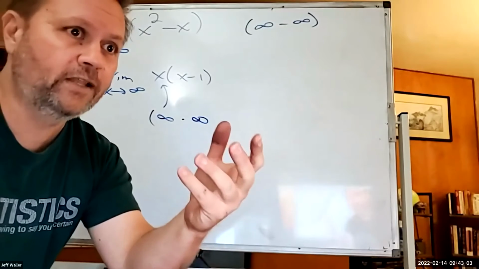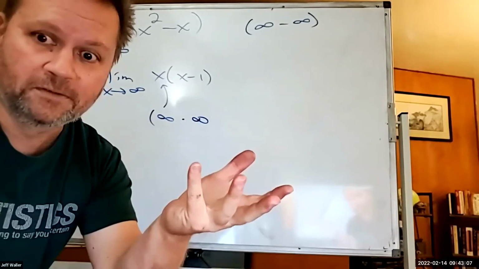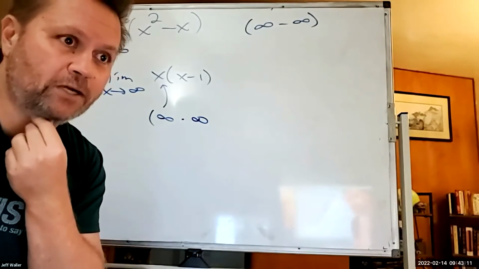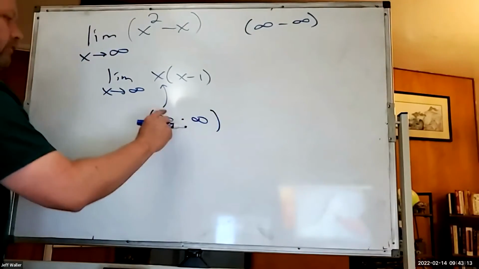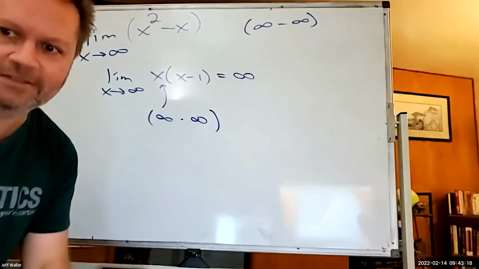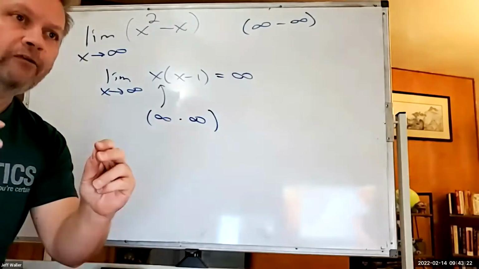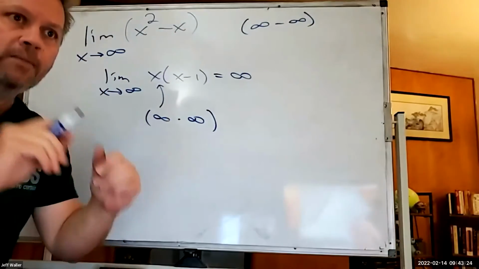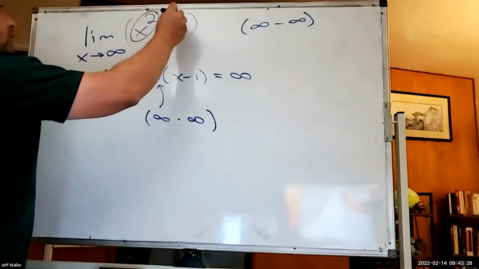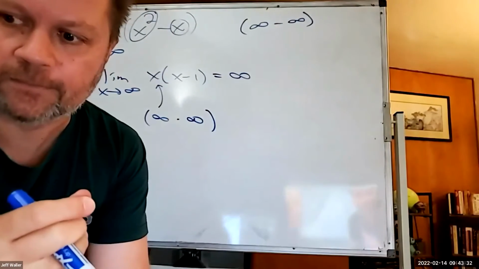If I had an infinite number of ducks and I lost one, I still have an infinite number of ducks. So infinity times infinity is infinity. That's kind of interesting. You've got to be careful about infinite limits, because let me ask you this: which one of these is going to infinity faster?